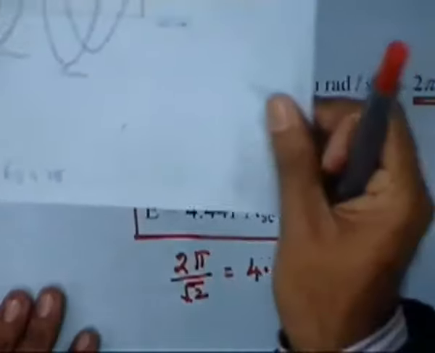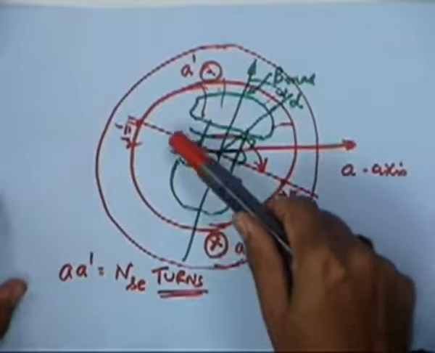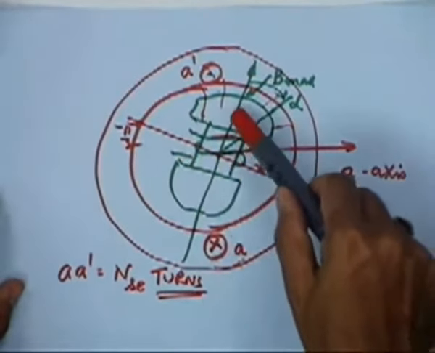Okay. Now we have considered only a two-pole machine, but let us visualize a situation of a four-pole configuration. That means instead of two poles here, we have another two-pole added here. That means it becomes four poles.